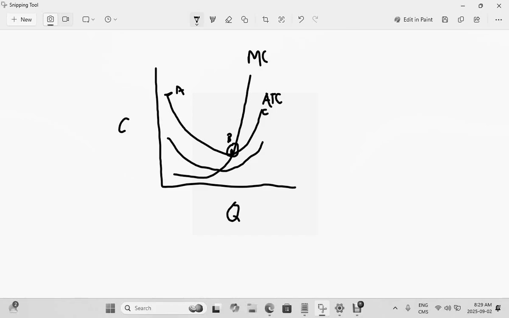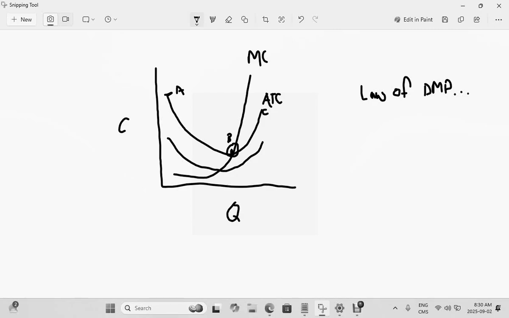However, there comes a point, and this has to do with the law of diminishing marginal product, which we've talked about, where the average total cost curve starts going in the upward direction.